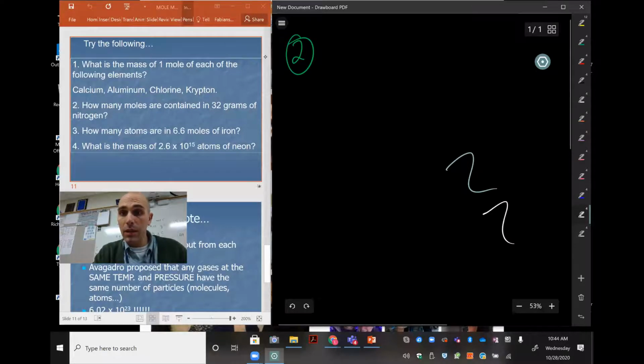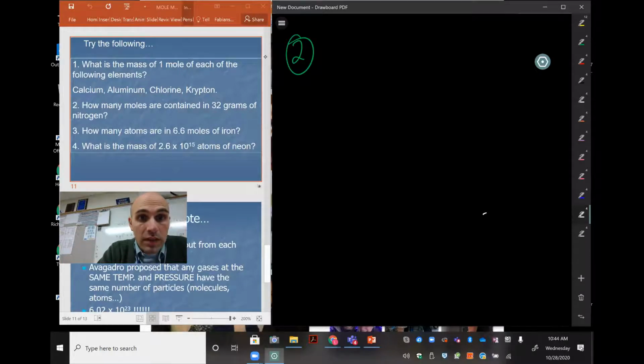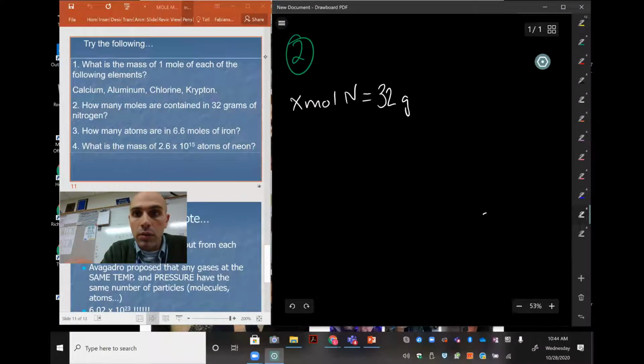Okay, anyway. All right, so number 2, how many moles are X moles of nitrogen equal to 32 grams of nitrogen. What unit has to go on the bottom?